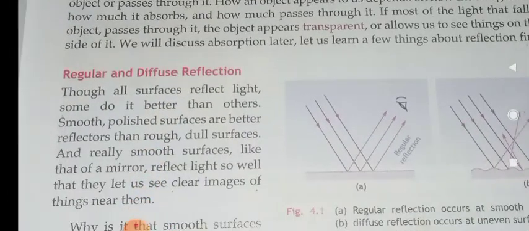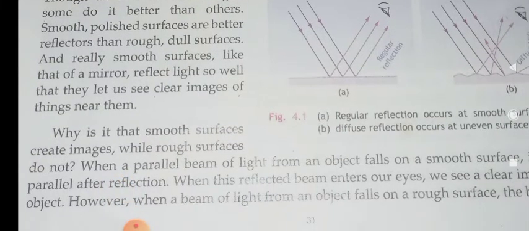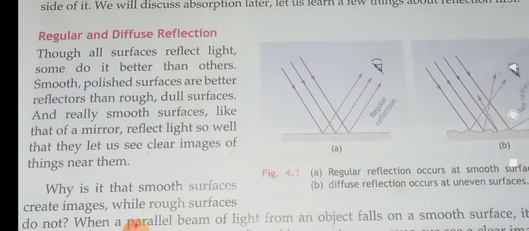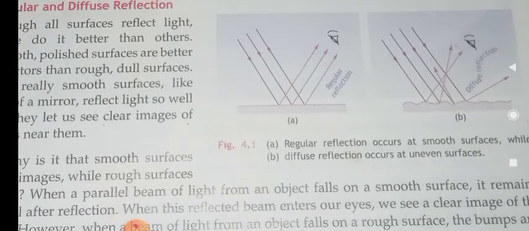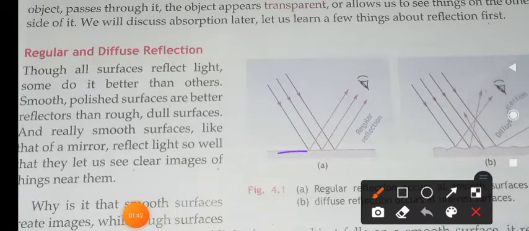So there are two types of reflection: regular reflection and diffuse reflection. Smooth and shining surfaces have regular reflection, and rough surfaces have diffuse reflection. In regular reflection, when a parallel beam of light rays falls on a smooth surface, it is reflected, that is, returned back.